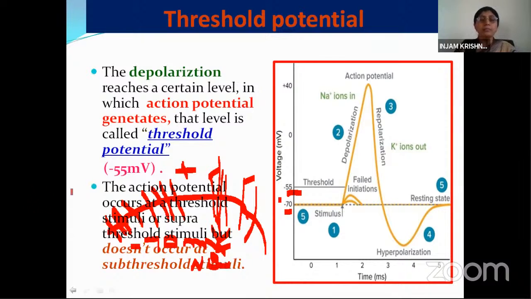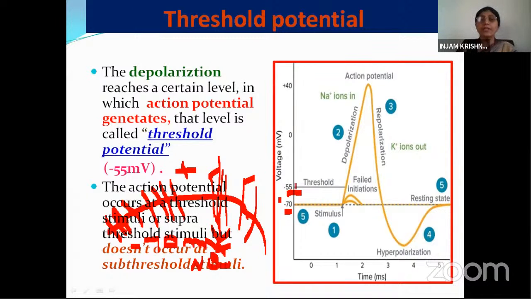Next, the action potential occurs at threshold stimuli or supra-threshold stimuli, but does not occur at subthreshold stimuli. What does it mean? The action potential is generated at threshold potential. This is the optimum to generate the action potential. But what about supra-threshold?